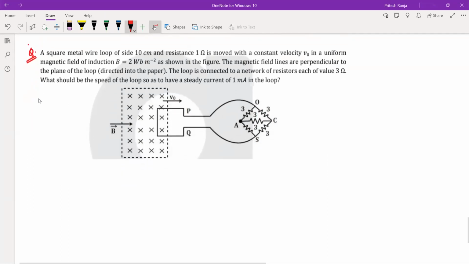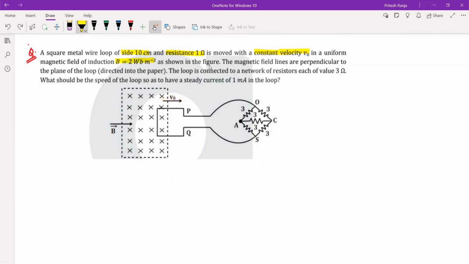A square metal wire loop of side 10 centimeter, ये रहा square metal loop, and resistance 1 ohm is moved with constant velocity v naught in a uniform magnetic field of induction 2 Tesla as shown in the figure. It is being moved off.